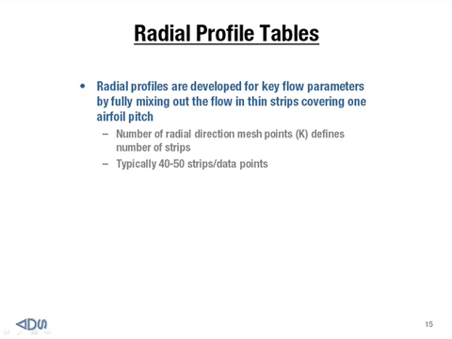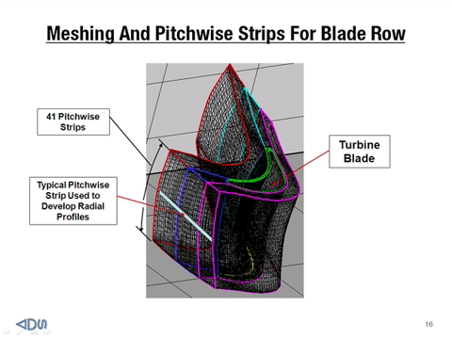And so those are the radial points that are output by the code for the radial profiles. The next chart here shows the meshing for a blade row. It happens to be the blade for this research turbine. And there were 41 radial locations used for this computation.